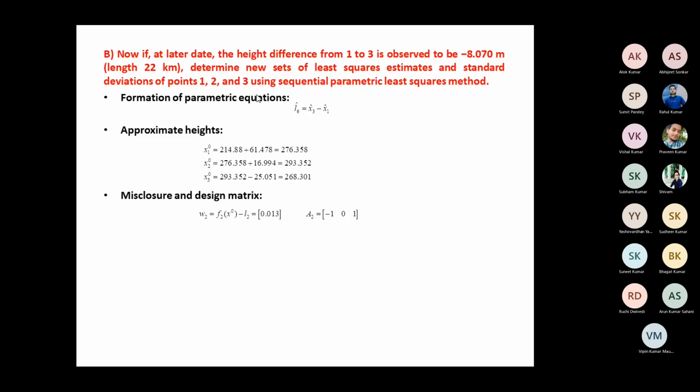A2: similarly, you can see here it is x3 minus x1. So for x1 it is minus 1, and for x3 the coefficient will be 1. You can compute the weight matrix. It was given to you. The K is 22 kilometers here. It is given here.